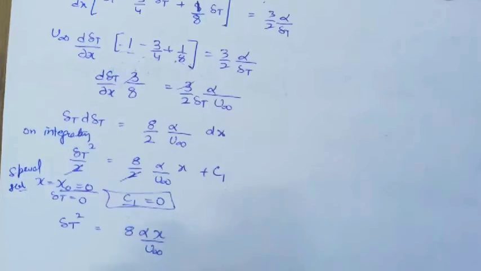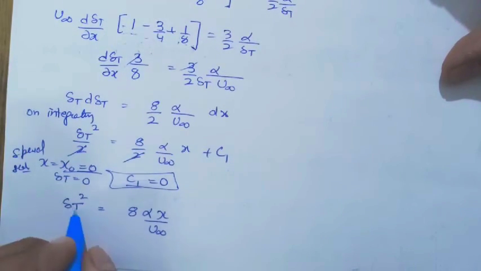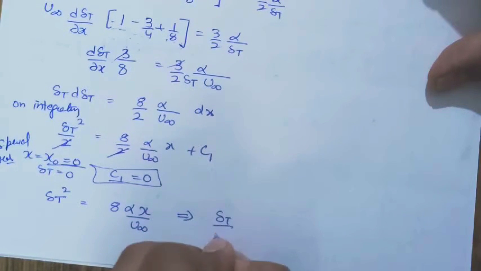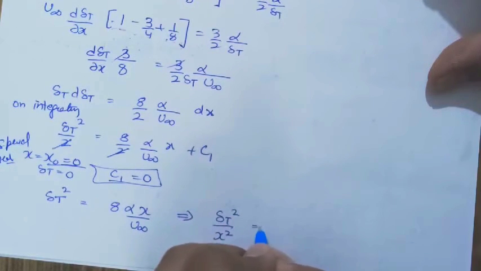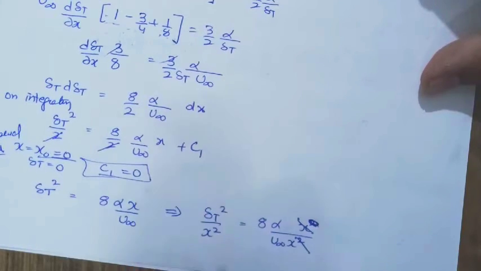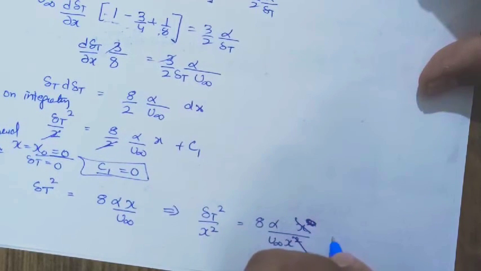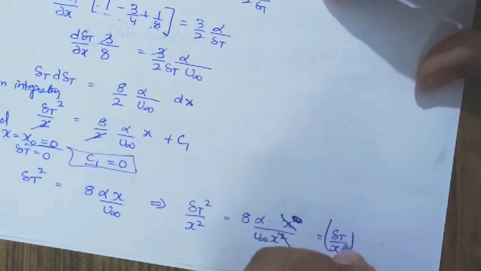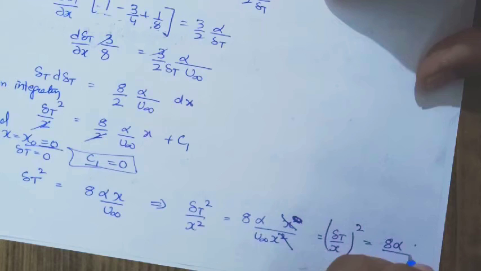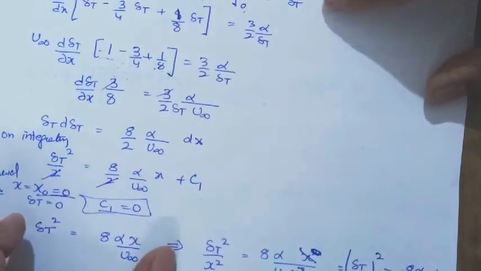right? And if I do this thing, x square, sorry, it is x by x square, so this x cancels, so I'm left with delta t by x square is 8 by this upon u infinity x, right?